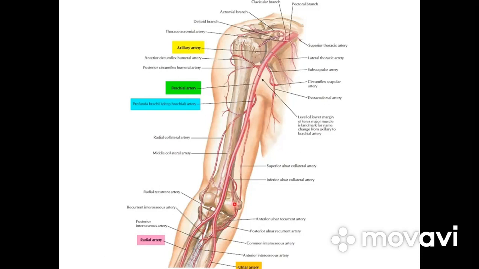In the anterior medial ulnar groove, we have an anastomosis between the inferior ulnar collateral artery, which begins from the brachial artery, and the anterior ulnar recurrent artery, which begins from the ulnar artery.